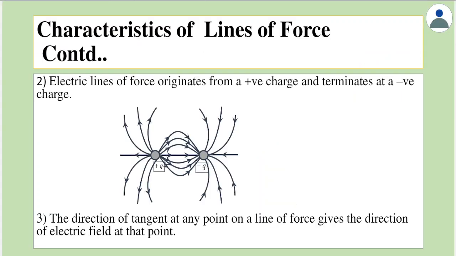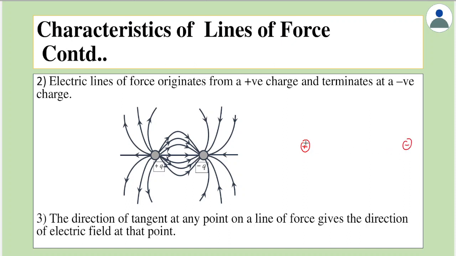The second point is electric lines of force originate from a positive charge and terminate at a negative charge. That is, if you have a configuration of two charges, assume that we have a charge somewhere here and somewhere here we have one more charge.